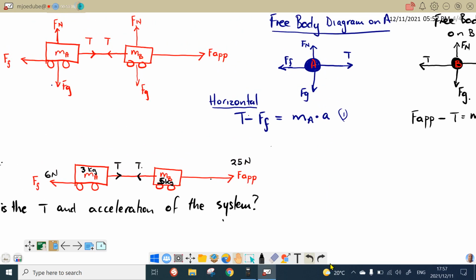So I will just copy that free body diagram.